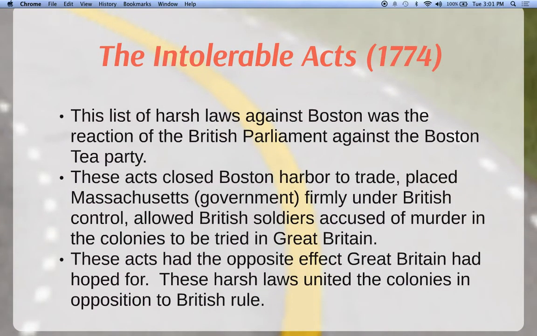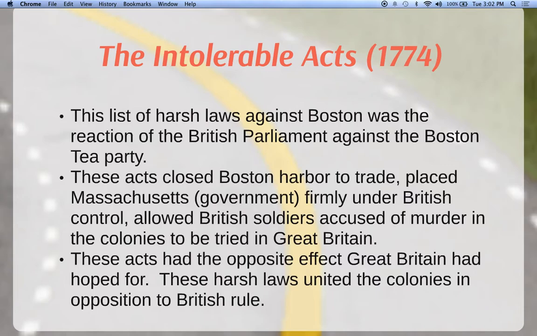The Intolerable Acts, this is the reaction of the British government to the Boston Tea Party. So of course we see you do something, I'm going to react to that, and this is what we have. In 1774, the laws closed Boston Harbor to trade. So basically they said, yeah, you guys aren't going to be able to make any money, so we're closing the harbor. They placed Massachusetts, particularly the government, firmly under British control, which simply meant that Great Britain was controlling Massachusetts.